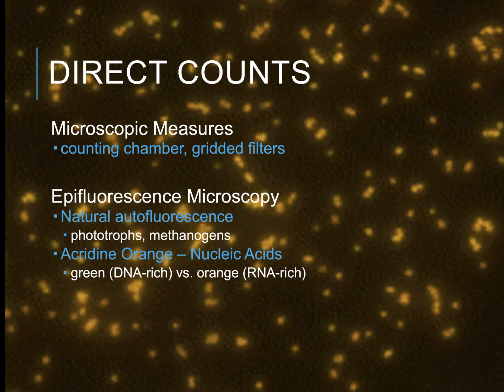They stained with DAPI. Both of these are nucleic acid stains. Acridine orange will stain both RNA and DNA. DAPI is primarily for DNA. So in a bacterial cell, it's going to stain the nucleoid, right? And it'll stain our cells too. So in a eukaryote, it would stain the nucleus and the chromosomes.